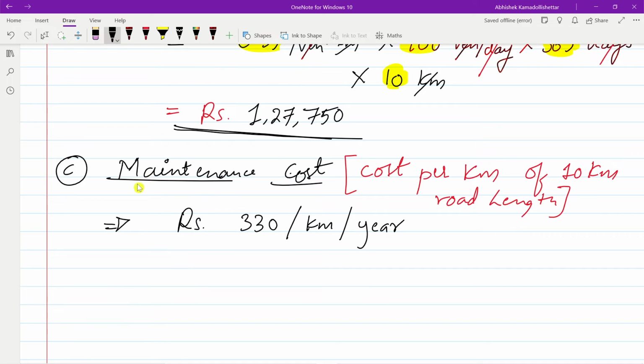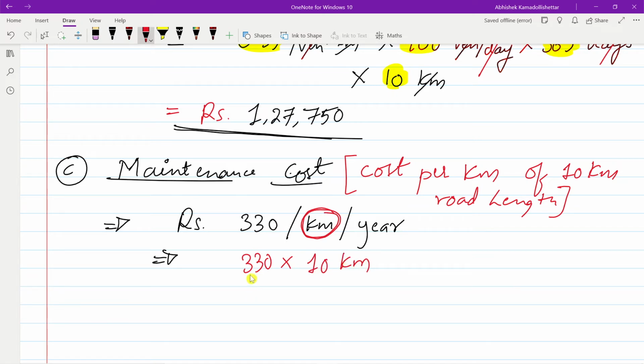Now we have to see how much. We want only cost per year, annually. Annually how much cost we will get, that is important. So per kilometer, how many kilometers will you do the surfacing for? 10 kilometers. So for that you need to do 330 into 10 kilometers.